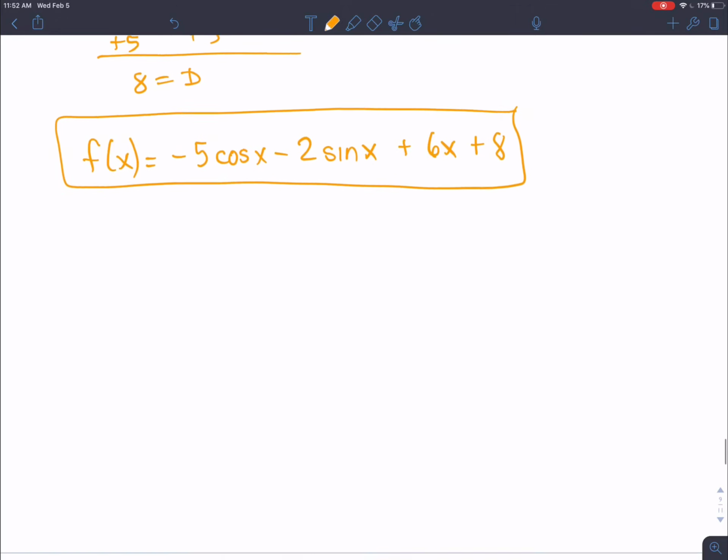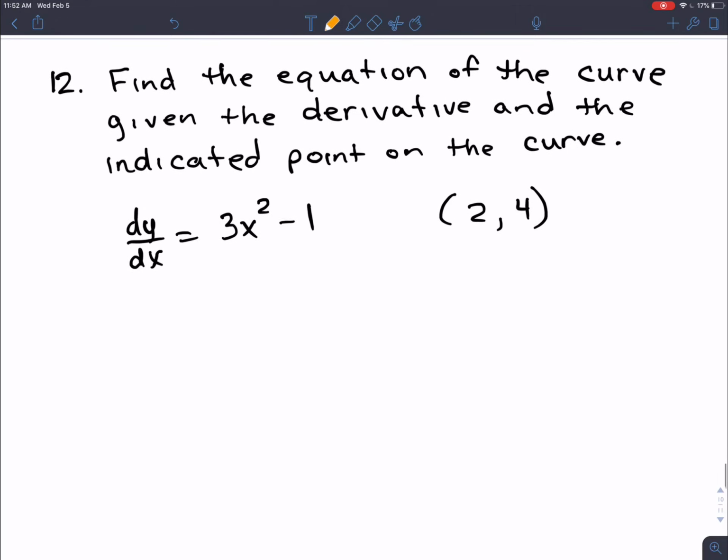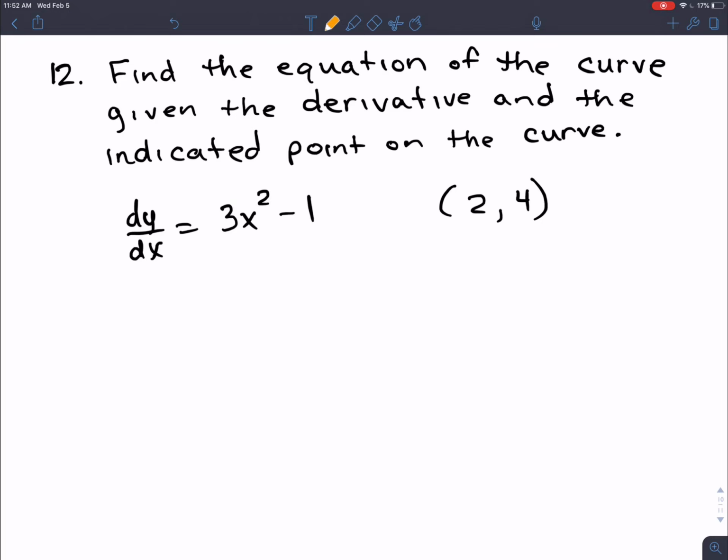Let's look at one more type of problem. They'll say find the equation of the curve given the derivative and the indicated point on the curve. So they're given the derivative here, your dy dx. So if I want my original function, which is just y, because this represents the first derivative right here, that's the other notation for it.